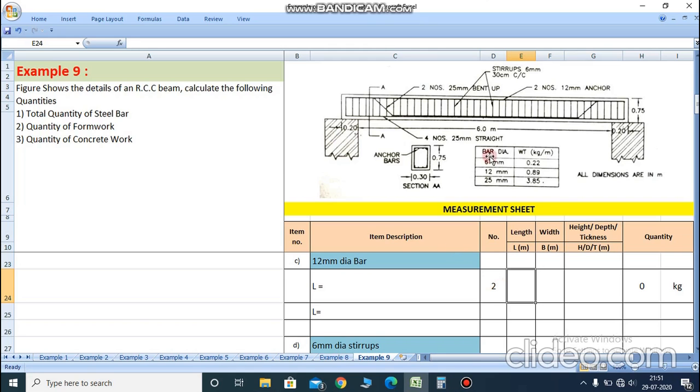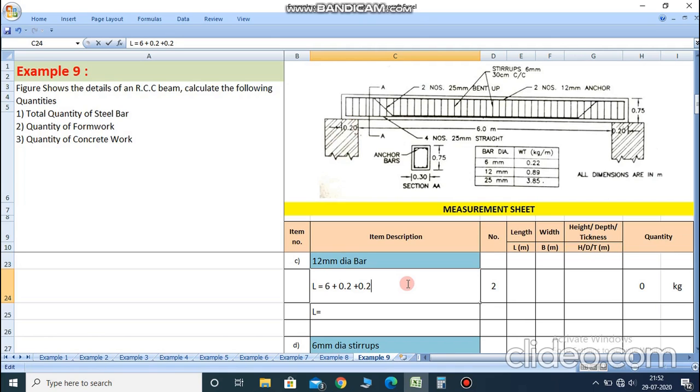Length we calculate. So first finding out the anchor bar length. Total length L is equal to 6, meaning the span 6 meter, plus 20 centimeter rest is given. So plus 20 centimeter converted to meter, 0.2 plus 0.2.